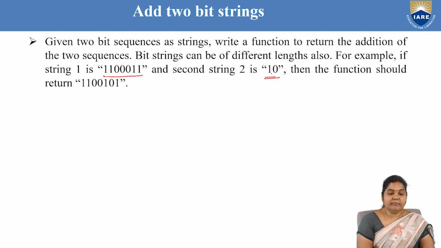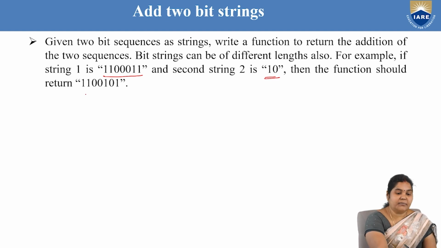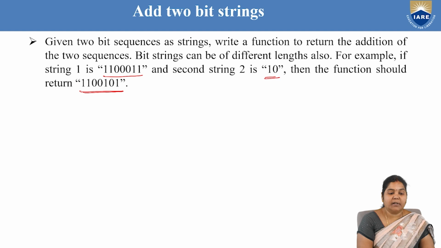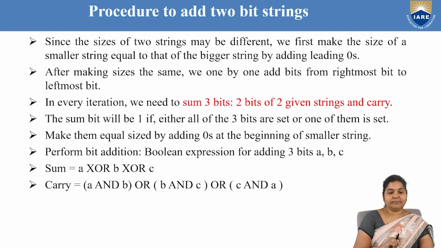Whenever you add these two strings of different length, how much will be the result? The function should return 1100101 as the result. So how will you perform this operation, adding 2-bit strings using your bit magic principle?